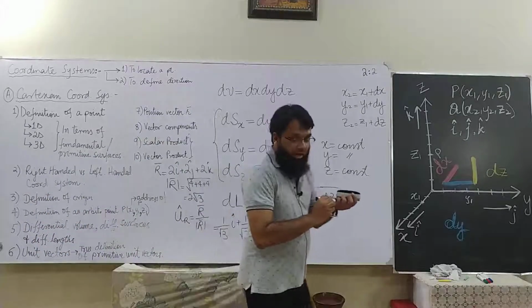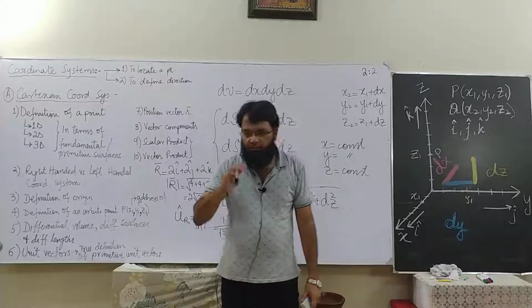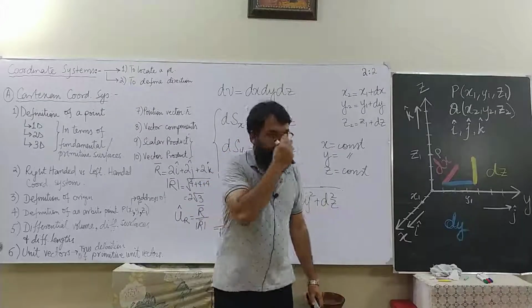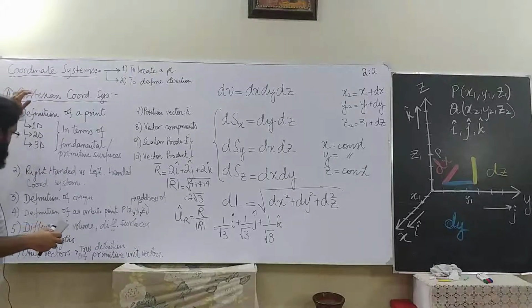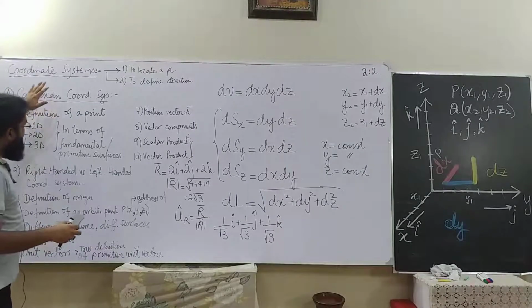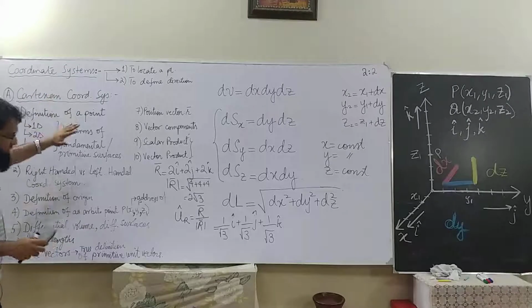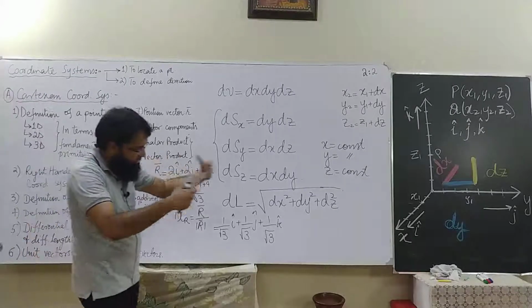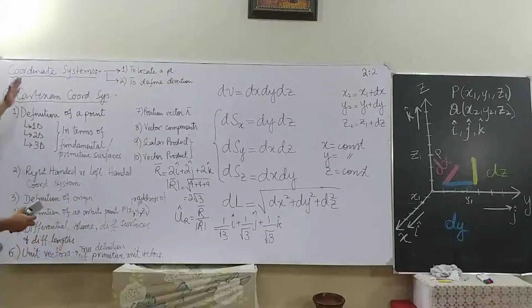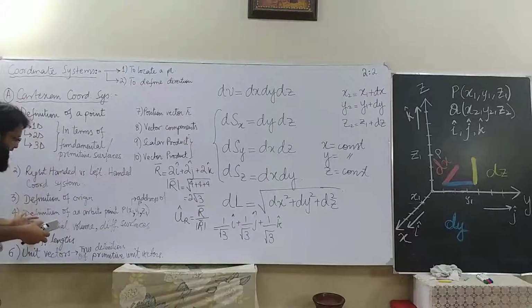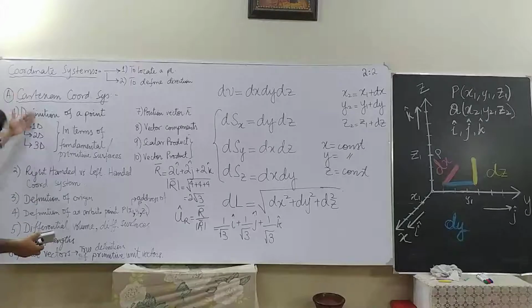So the process of defining a set of primitive unit vectors always becomes a point of study when we are talking about a certain coordinate system.